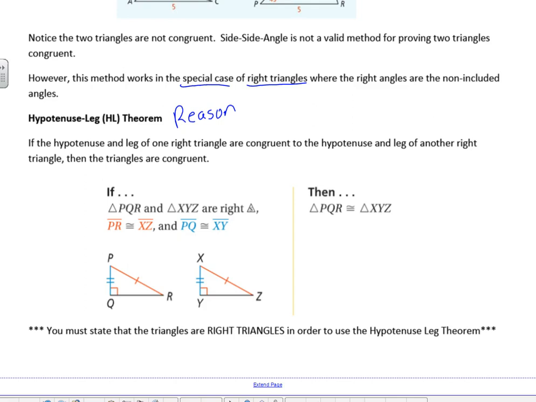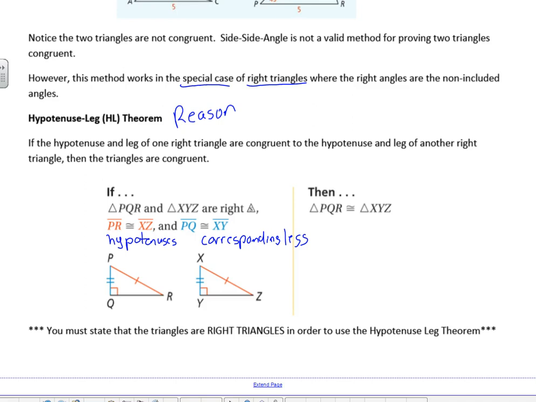In the diagram, PQR and XYZ are right triangles, PR represents the hypotenuses, and over here we have the corresponding legs. Then we conclude the triangles are congruent.